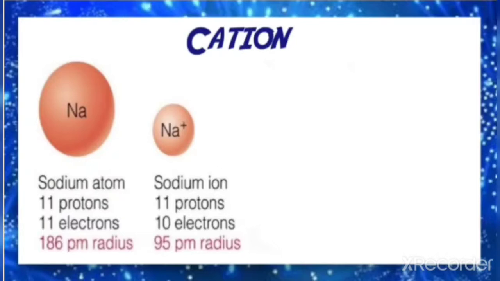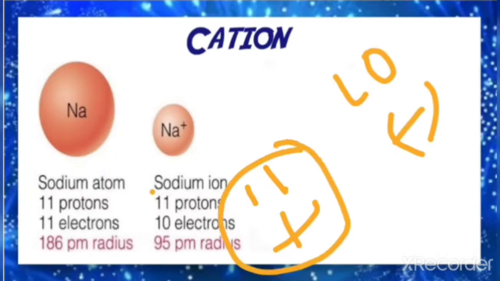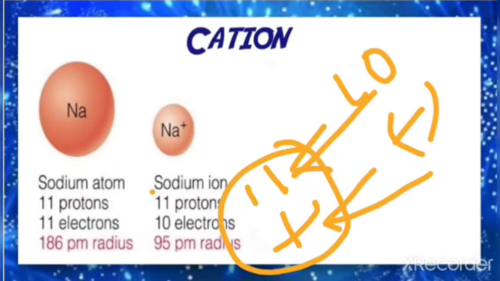But in the sodium ion, there are 11 positive charges and 10 negative charges. As positive charges are present in the nucleus, the nucleus attracts the electrons towards itself. So 11 positive charges are attracting 10 negative charges.